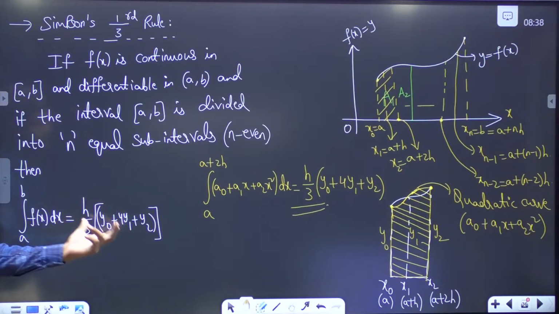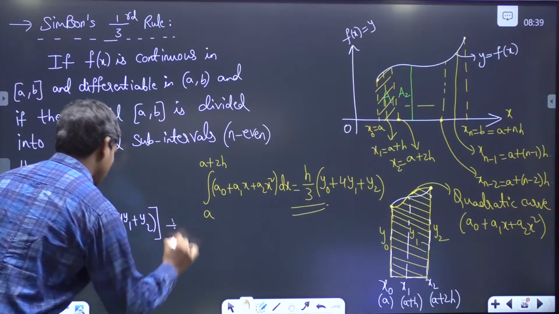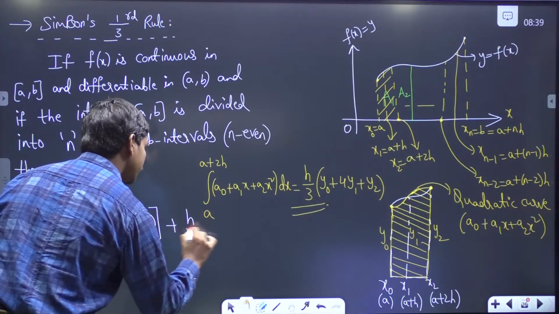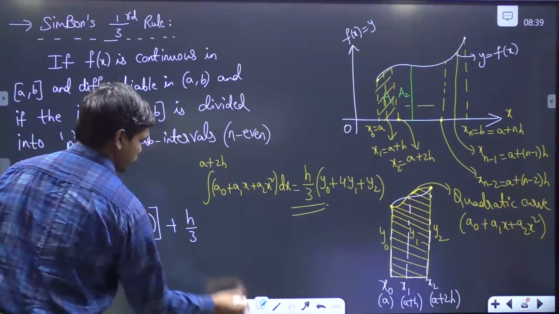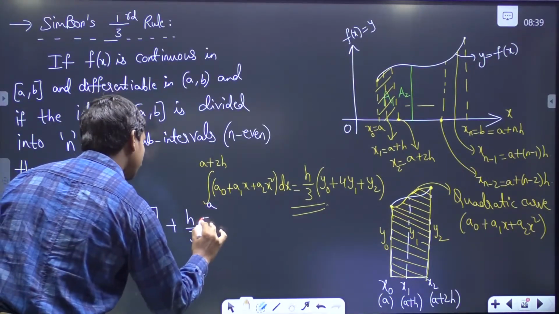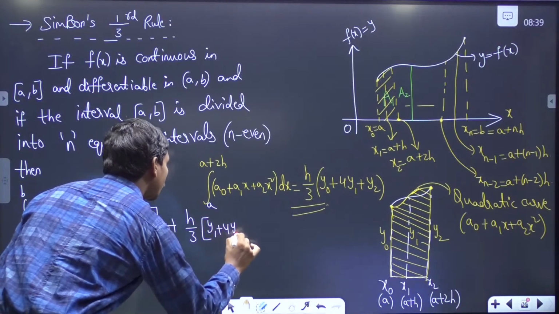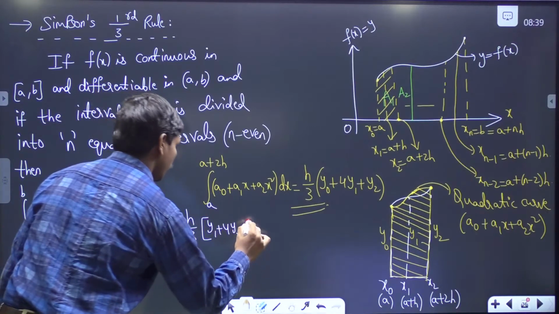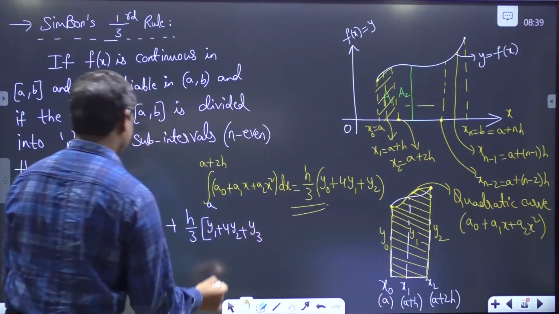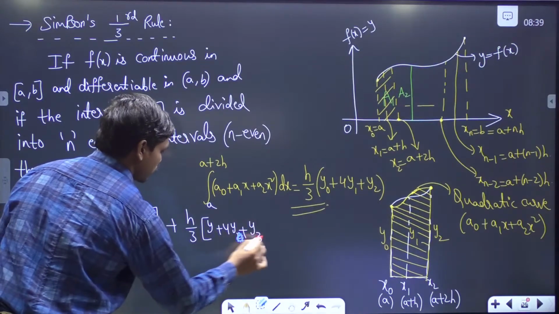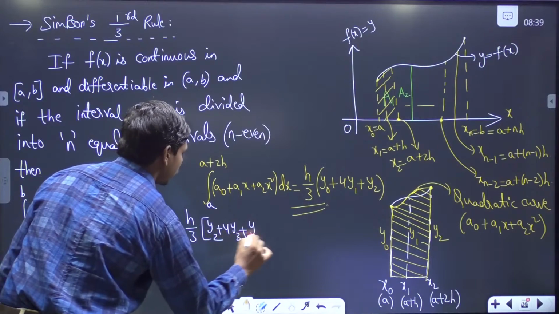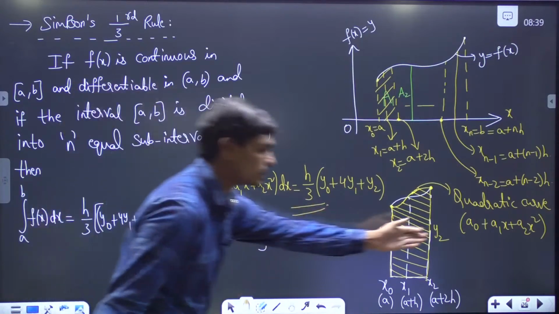This is the area of the first two subintervals, plus for the next subintervals h by 3 into y2 plus 4y3 plus y4, sorry, y2, y3, y4, because we are considering 2, 3, 4 as the next points.